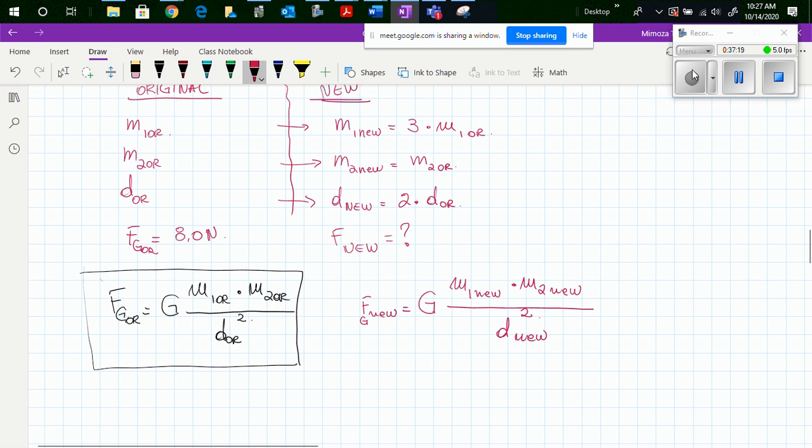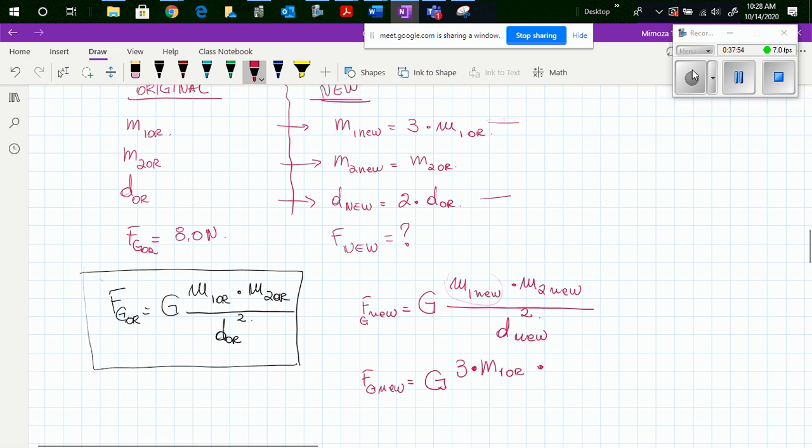However, in the new situation, what is happening? Some of the quantities are changing. So the force of gravity new will be capital G, which doesn't change. Mass 1 is becoming 3 times greater than the original one, so this will be the same as saying 3 times mass 1 original.